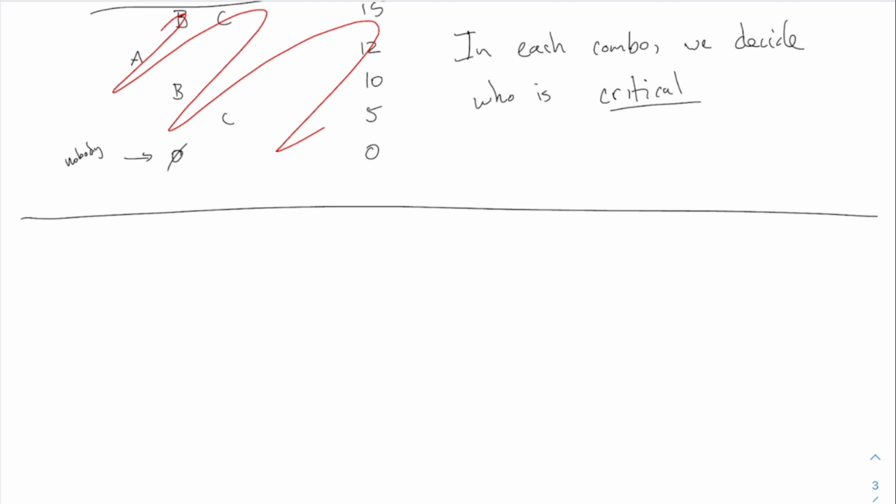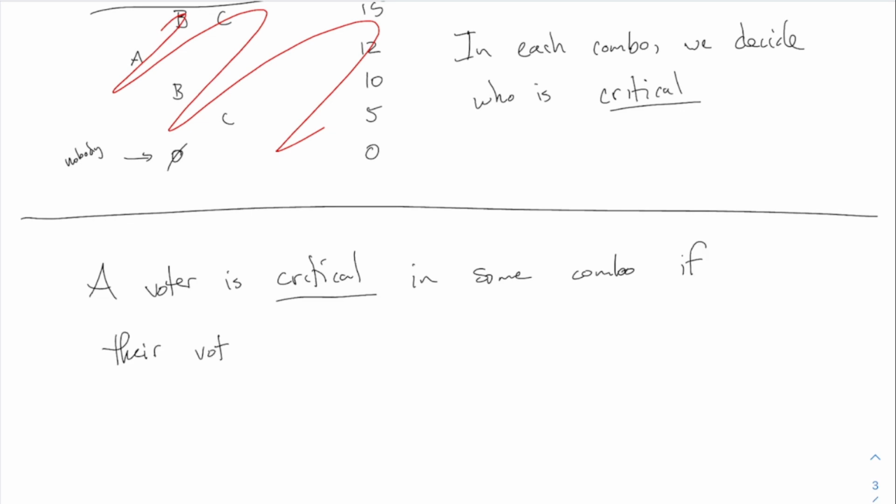So critical, here's the definition. A voter is critical in some combination if their vote was necessary in order to meet the quota.